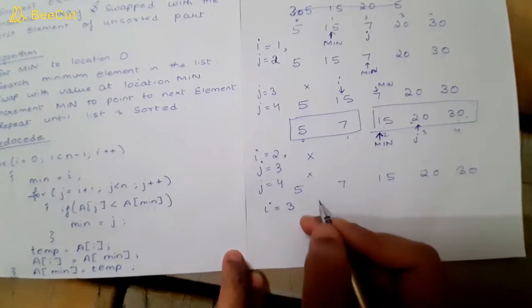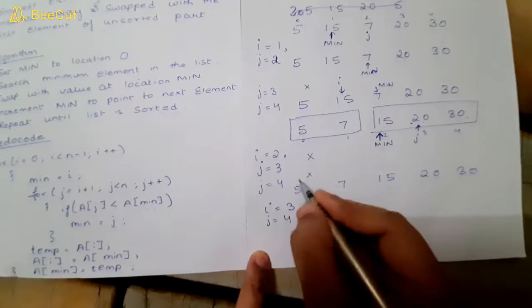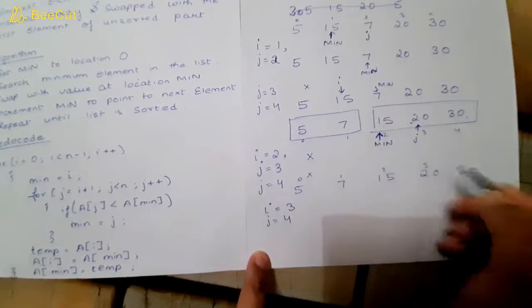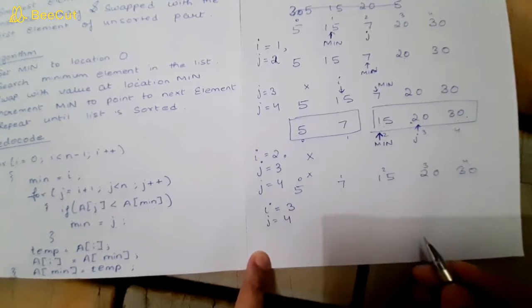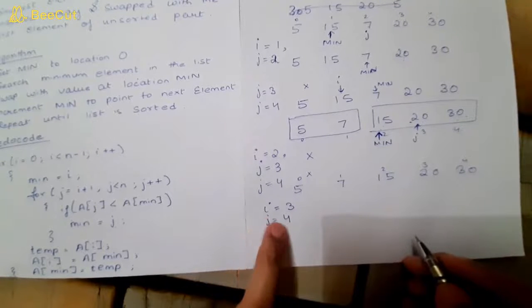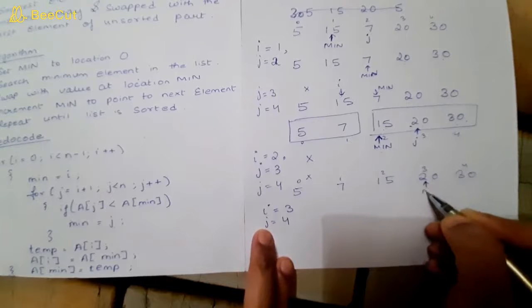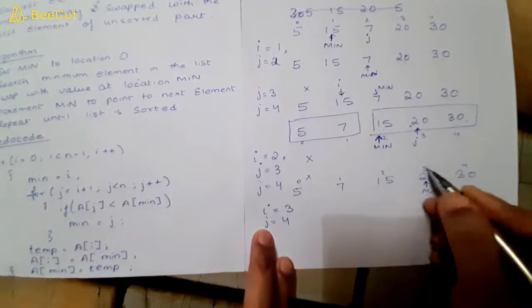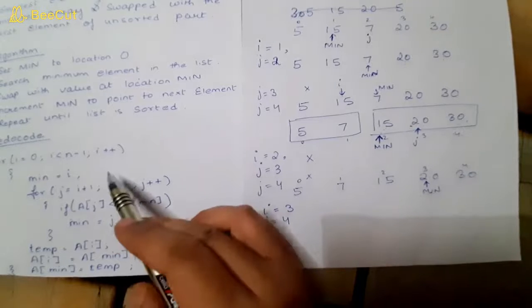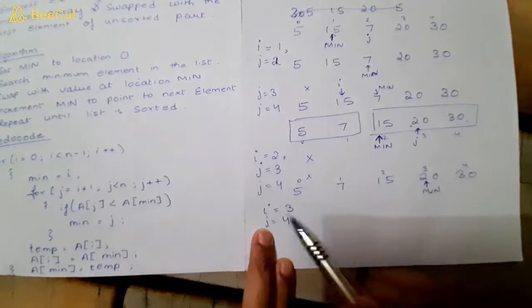When I is incremented to 3, J value will be I plus 1, that means 4. So for I equals to 3, J will be 4. When I equals to 3, this will become min. The third element, min equals to I. You can see it over here, min equals to I, that means min will be 3.